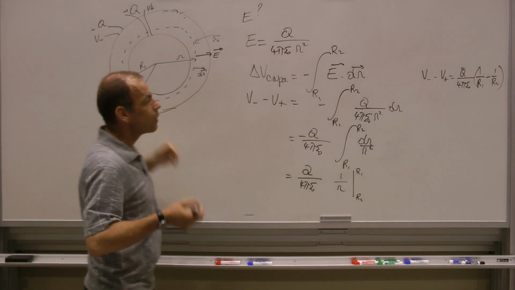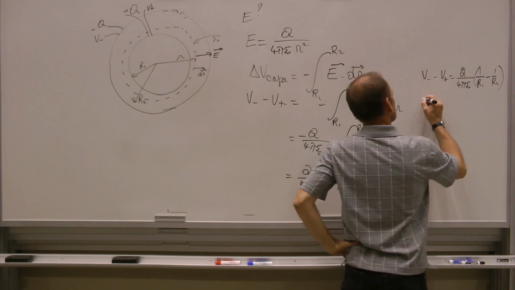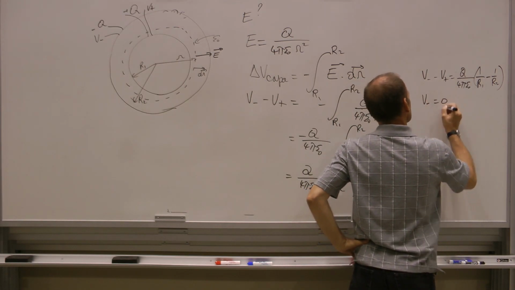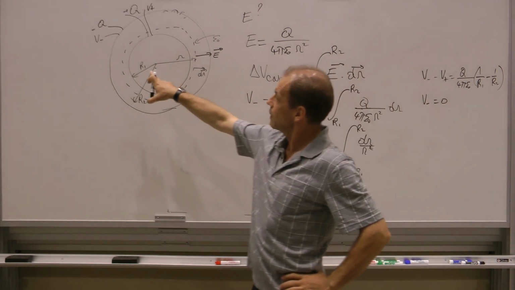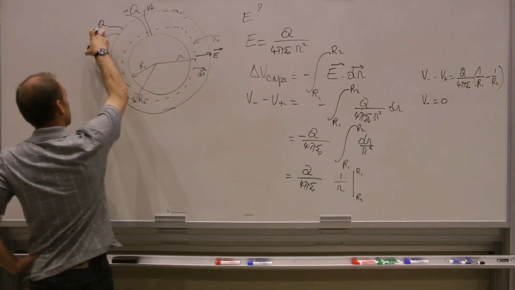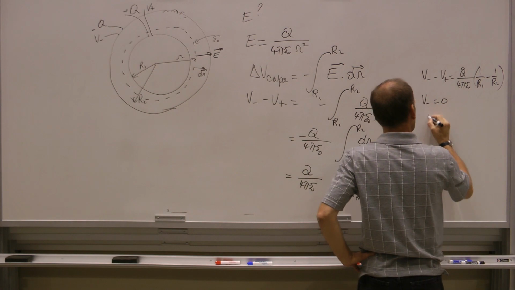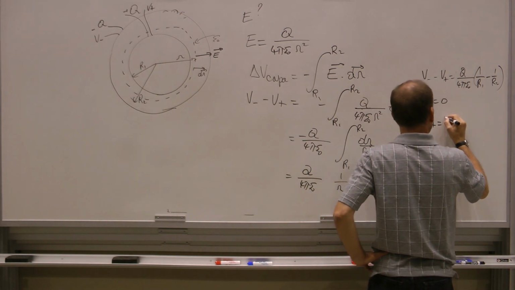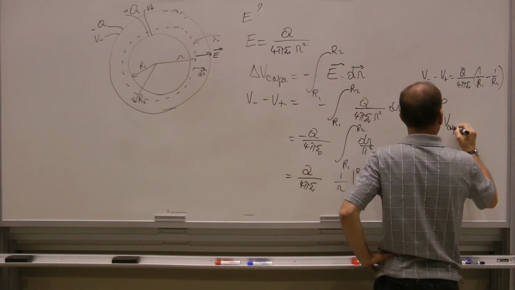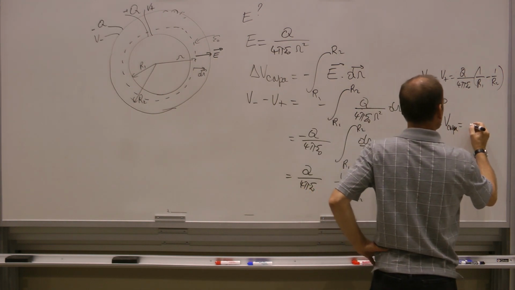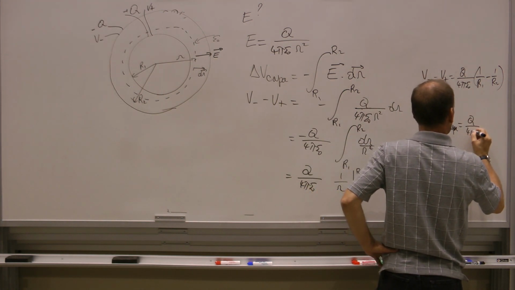So we take V minus equals 0. That's the inner plate, holding negative Q. That's kind of grounding the plate. So we're left with V plus, which will be the potential of my capacitor, equals Q over 4 pi epsilon 0.